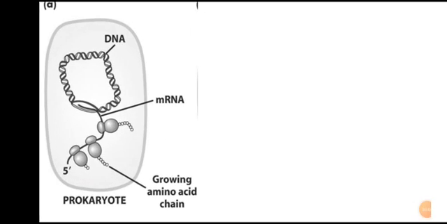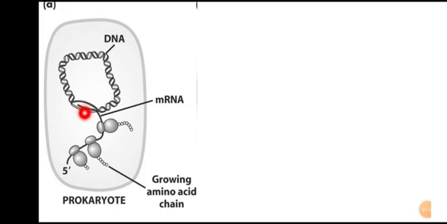This is a bacterial cell, a prokaryotic cell, as we know that this is single circular covalently closed DNA which is double stranded. There is formation of a fork. One of the strands of this DNA is copied and a complementary strand is synthesized by an enzyme called RNA polymerase.